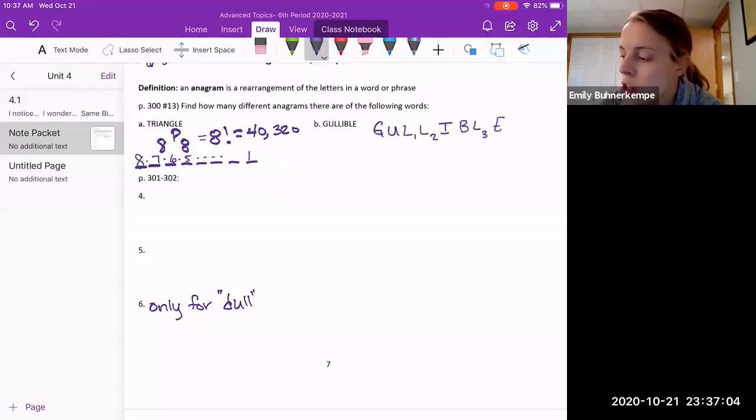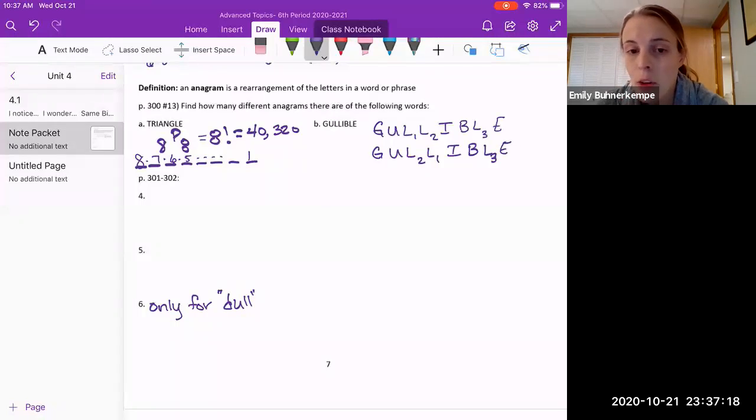Then in this situation, this identifying gullible would be different from this one. But that's not the case. If you were going to swap your 2 L's in this word, it would still give you the same word.